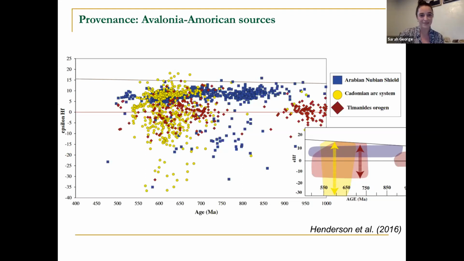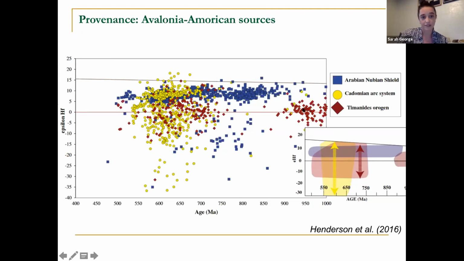So you might have the same age source region all around. So this is a problem in, say, the Pyrenees. But you might have really distinctive hafnium compositions. So here's an example over in the Arabian-Nubian Shield area, where we see that these different hafnium populations take up very different areas in hafnium space.